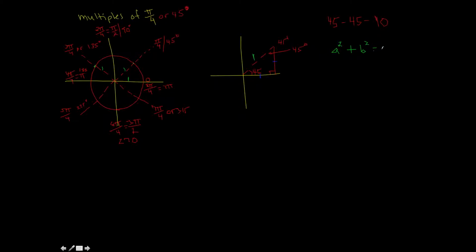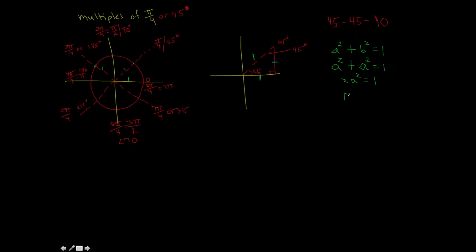Notice our points here are A and B. So A squared plus B squared equals 1, 1 being our hypotenuse. But we just said that this side and this side are exactly the same. So that means really what I have here is A squared plus A squared, which is actually 2A squared, which equals 1.